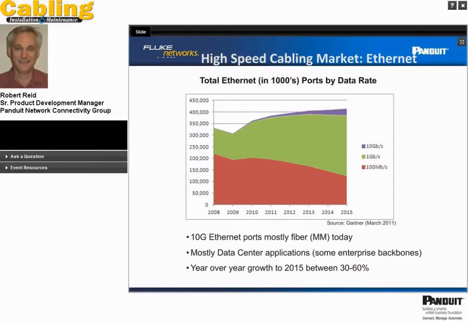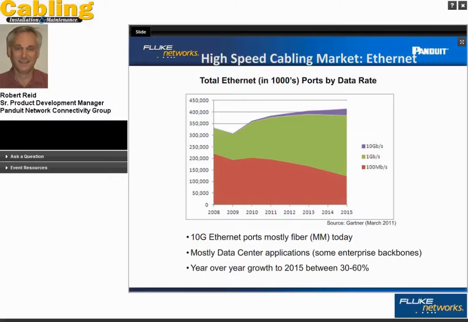Not talking about 40 and 100 gig; if you overlay that forecast on top of this, these are hundreds of millions of ports. 40 and 100G is probably 1,000th of that number, so we won't talk about that.